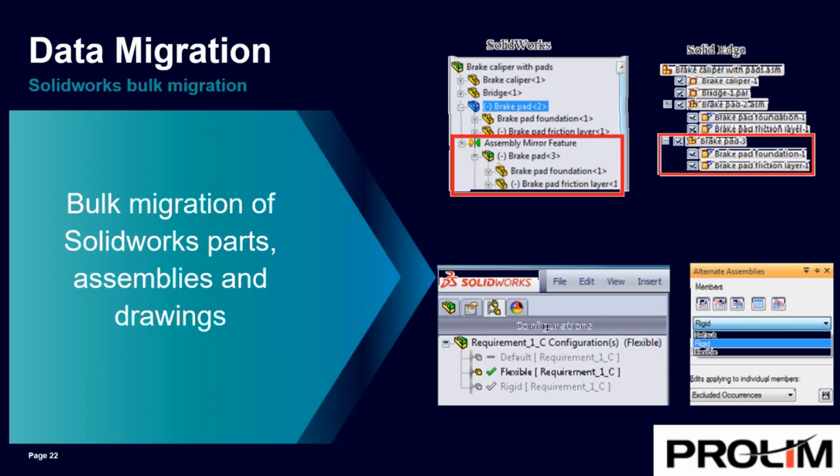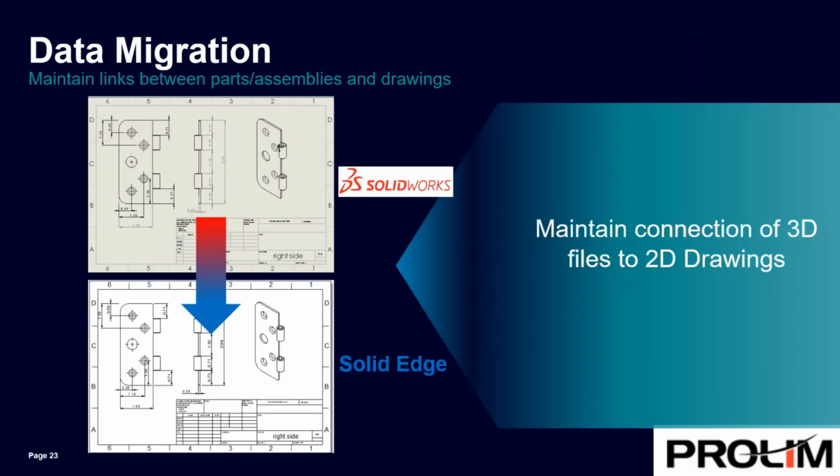So even there, we have some ability to change the terms to make it work inside of Solid Edge. And then again, just to mention maintaining links between the parts and assemblies and the drawings. If we use this migration tool specific to the CAD software that we're coming from into Solid Edge, we have that easy maintaining of the views of the parts or the assemblies at the draft level.